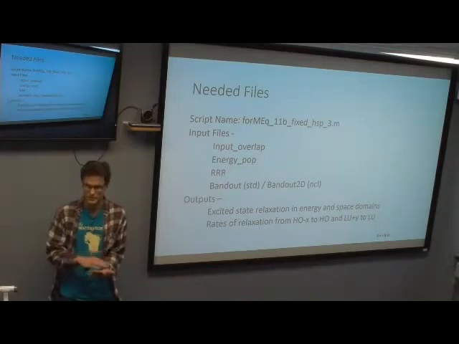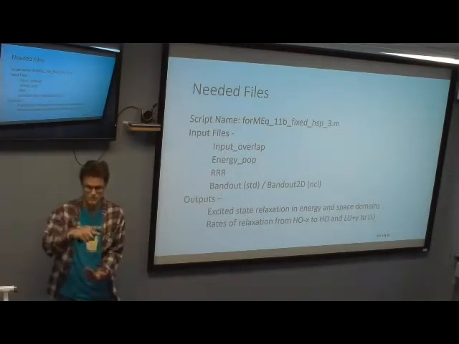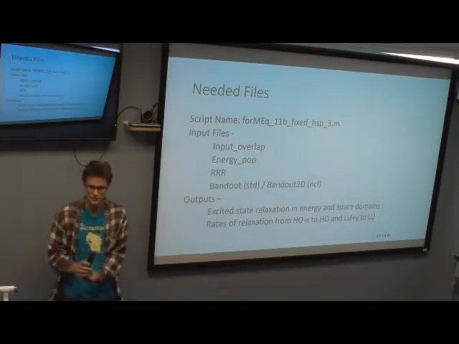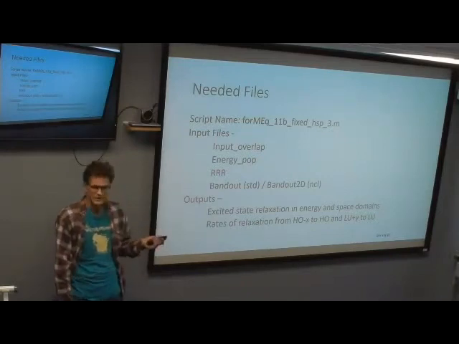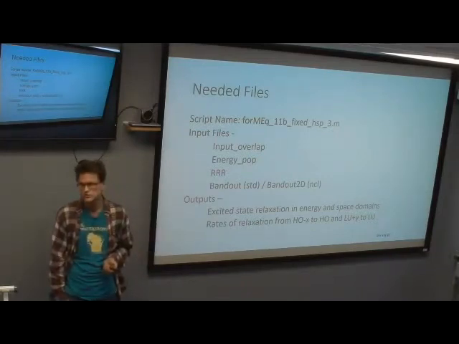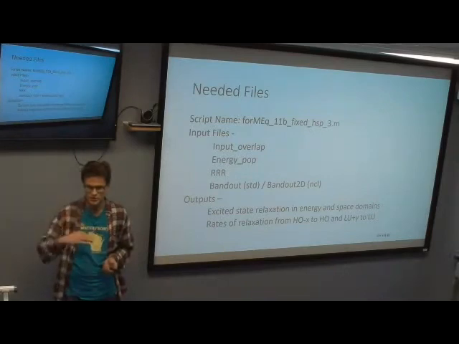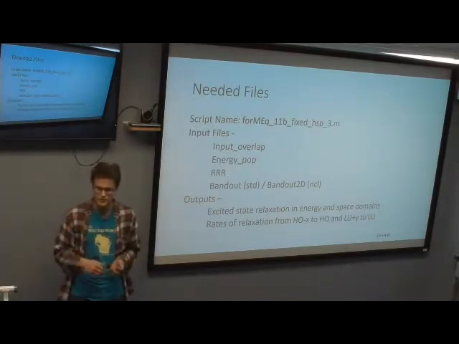It projects them along X and Y, and then we can see along Z. Whenever we make models, if we want to look at something like charge transfer, you have your donor and acceptor along Z. And band out is just one file that summarizes all orbitals together. Yes, it reads in all the partial charges corresponding to your energy pop or input overlap.